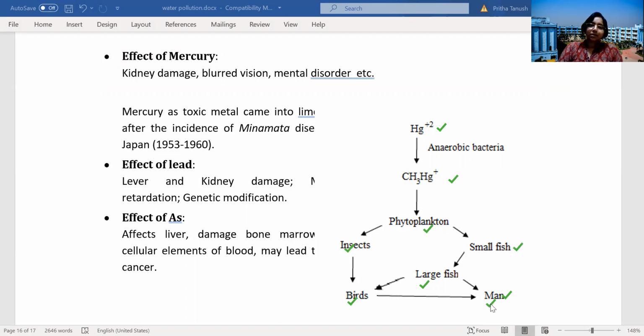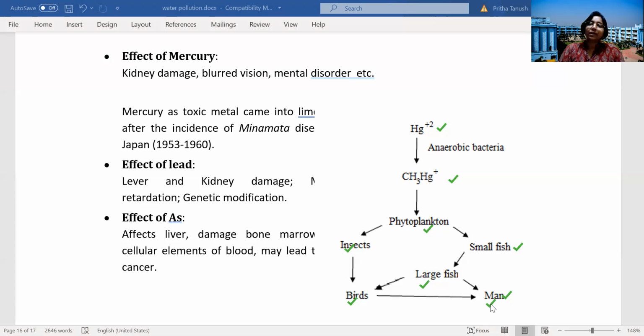And due to the mercury, the disease known as Minamata occurs. So if an MCQ comes like this, due to which heavy metal does Minamata disease take place, you have to answer mercury. There will be options like arsenic, cadmium, mercury, lead.